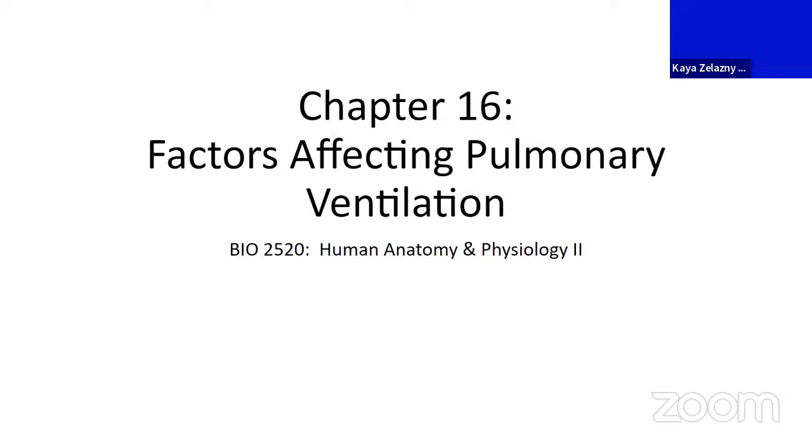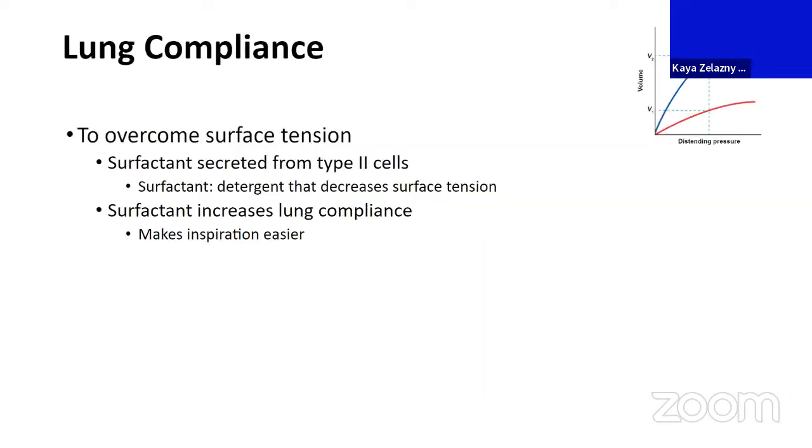We started talking about how compliance can also affect how our lungs behave, because if our lungs aren't highly compliant, we're going to have to exert more physical force in order to create those pressures that we need inside our lungs. And at the very end, we were thinking about lung compliance and surface tension.